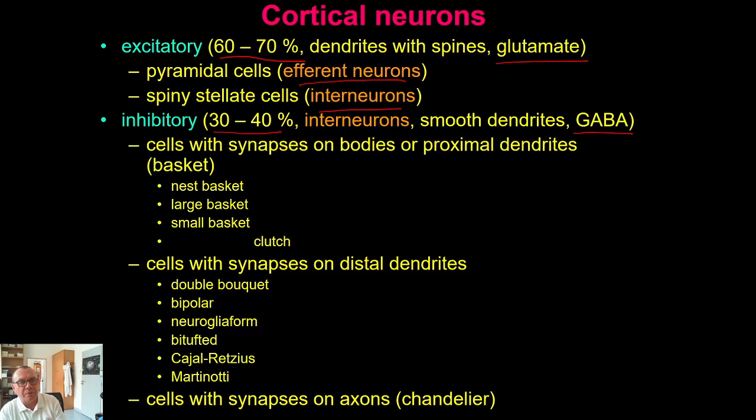They form nerve tracts, and their shape is usually pyramidal. So the efferent neurons of the cortex are called pyramidal cells. Pyramidal cells is the typical name of excitatory neurons or efferent neurons of the cortex.